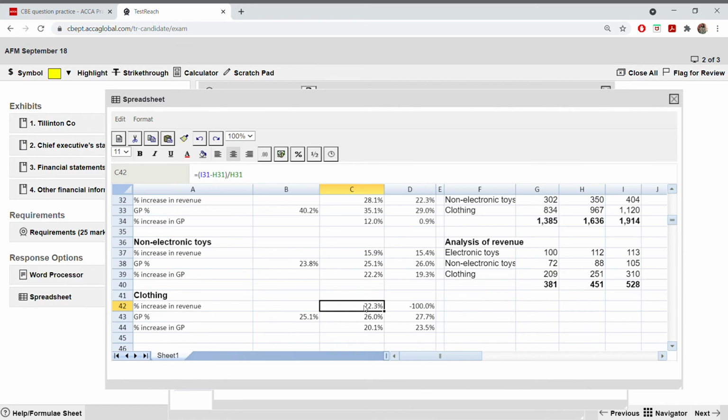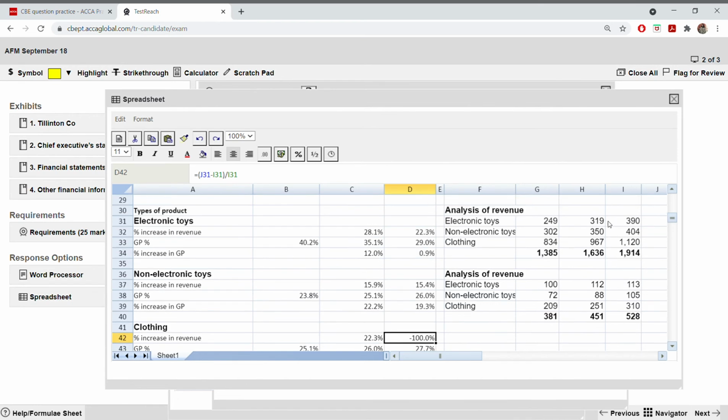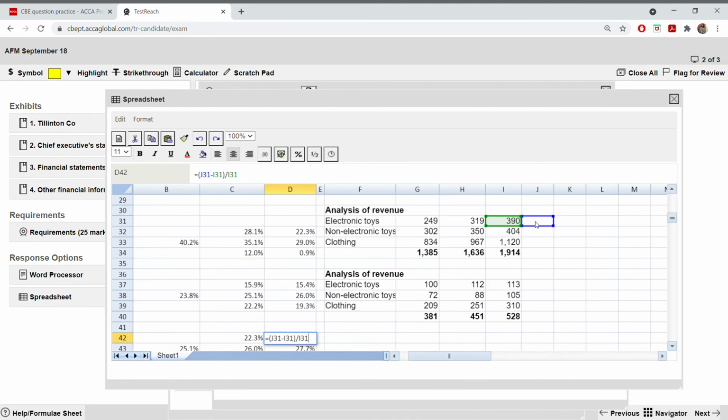Especially this, it's minus 100, and yet there's an increase in revenue from here to here. The reason is that it has taken this cell.